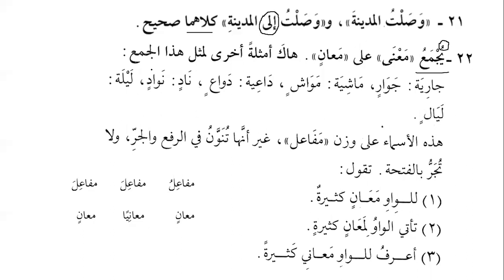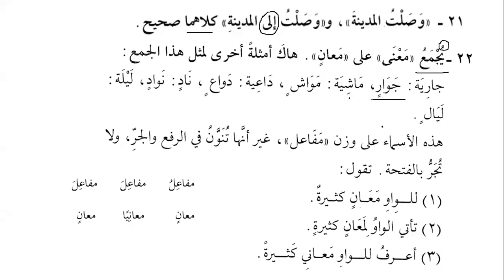So the root letters will be jara yajri, to walk, to run. Jara yajri fahuwa jarin. Jarin for the masculine, and for the feminine it will be jariyatun. Jariyatun means a girl or a slave girl, and the plural is jawarin, and jawarin is also used for the ship. So it's used for the girl and it is also used for the ship.